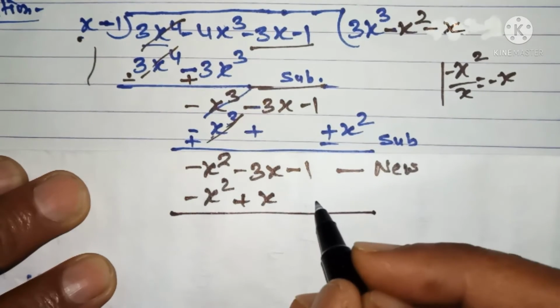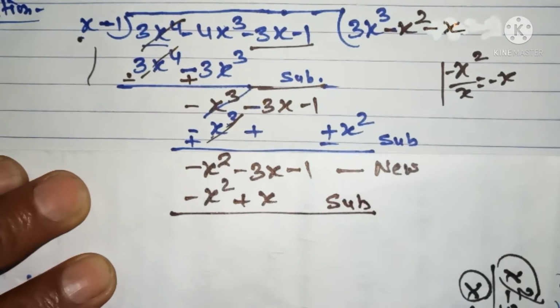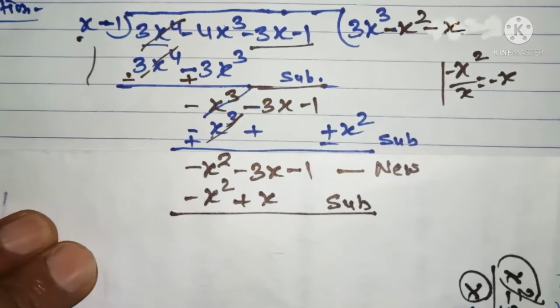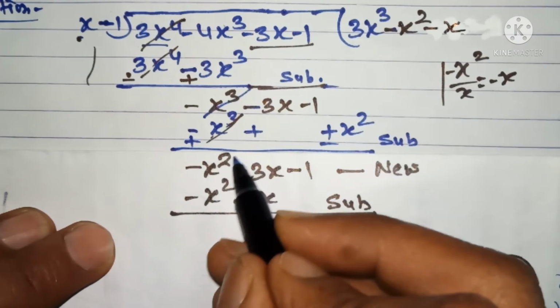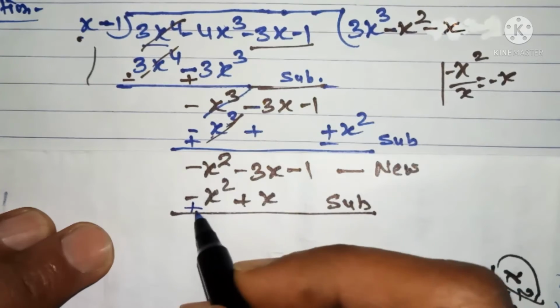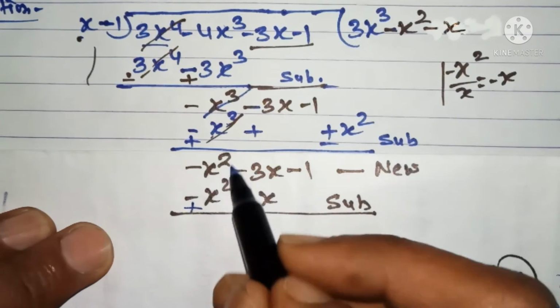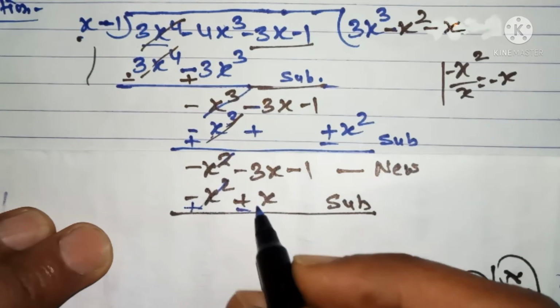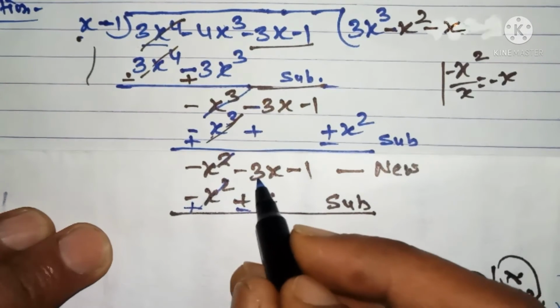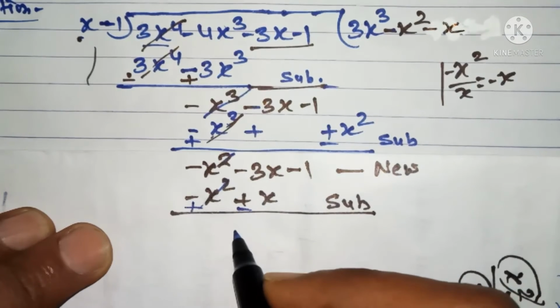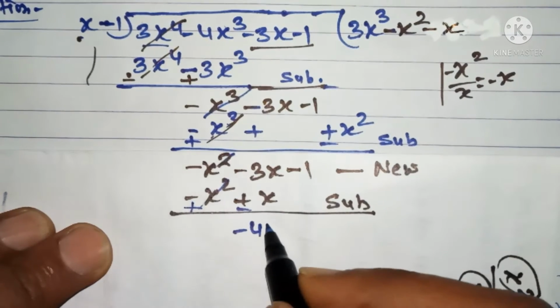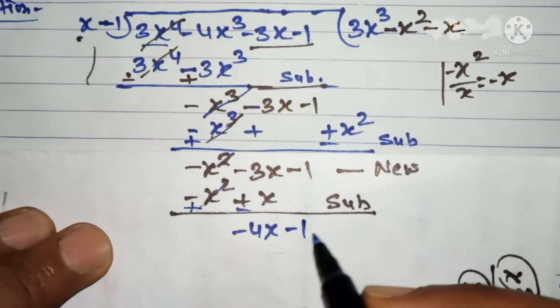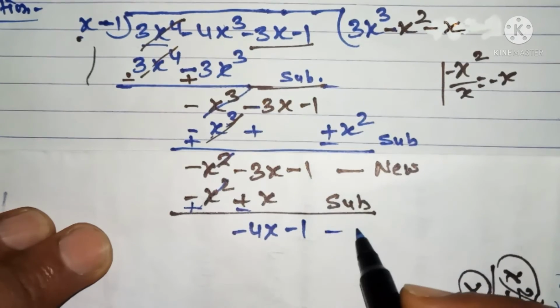Now by subtracting, we will get, here it will be plus and it will be minus. Plus x square minus x square will be cancelled, and here we have minus 3x minus x is equal to minus 4x minus 1. This will be our new dividend.